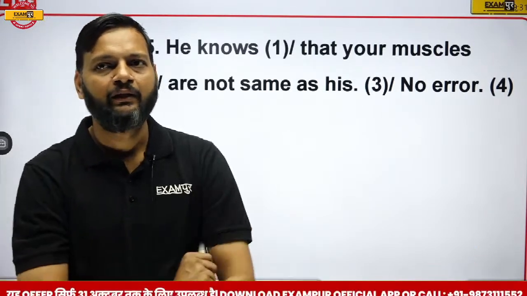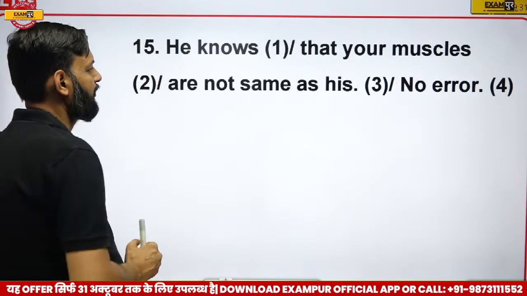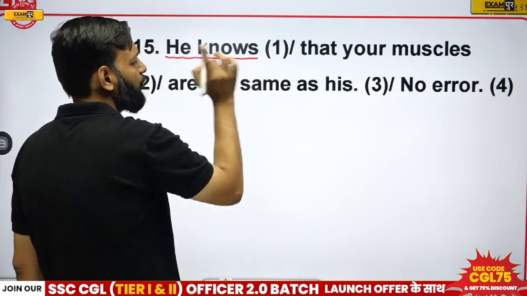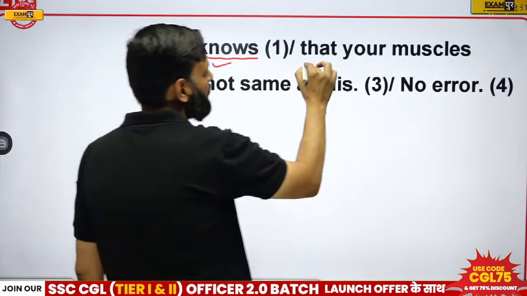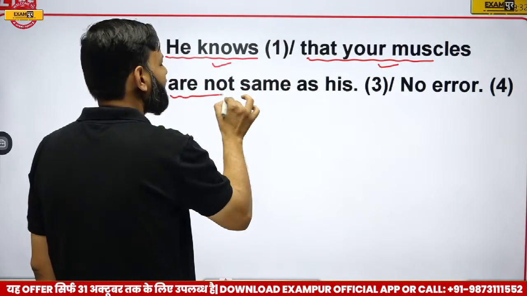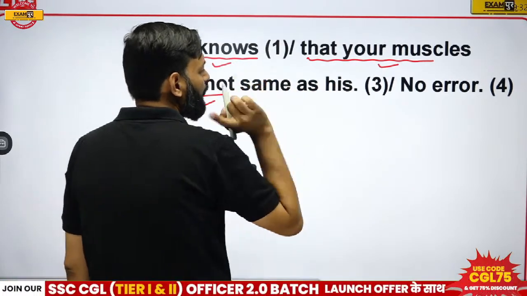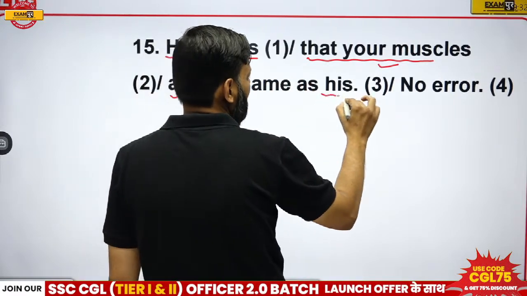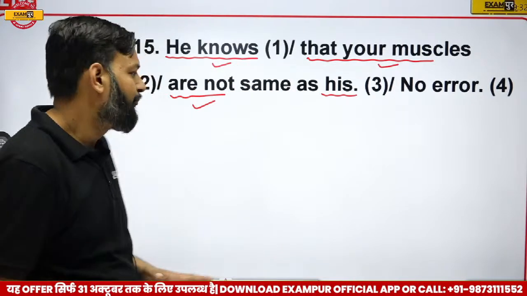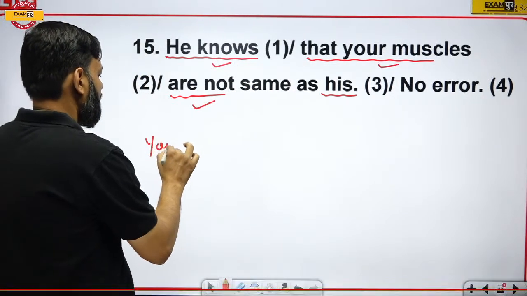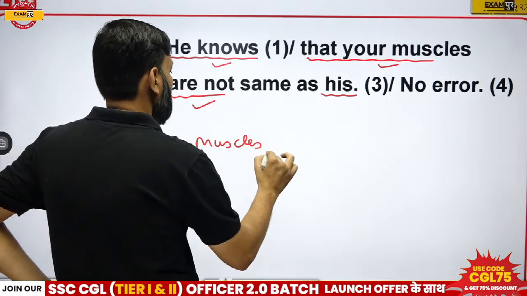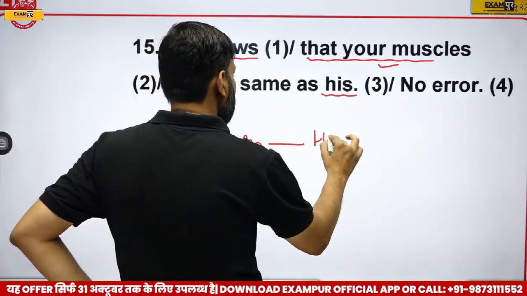See, in this sentence, he knows, this part is absolutely correct, no error. He knows that your muscles, absolutely right, are not, no problem, correct. Now, some students are saying that here his is incorrect. So, his is absolutely right because your muscles are being compared with his muscles.